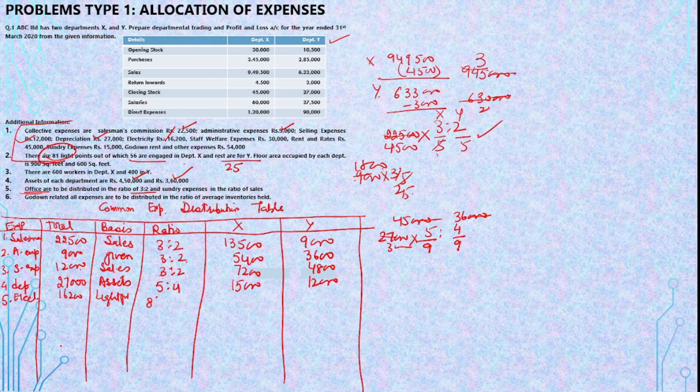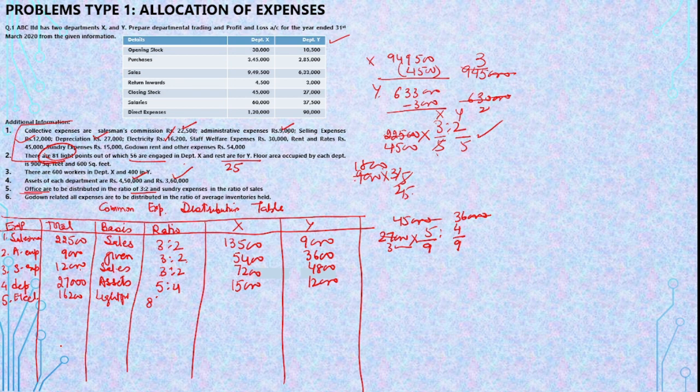So you can distribute it. Next is sundry expenses. If nothing is given, we can take this in total. The amount is 15,000, but we are given sundry expenses in the ratio of sales. Sales are 3 is to 2 ratio. So just distribute it: 9,000, 6,000.